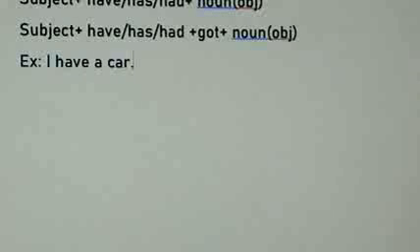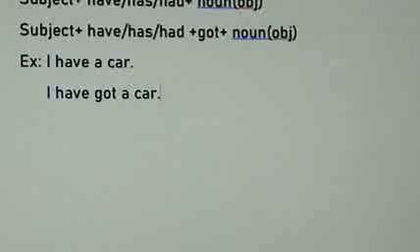Now let me give you another example based on the other structure: I have got a car. Both sentences give the same meaning.